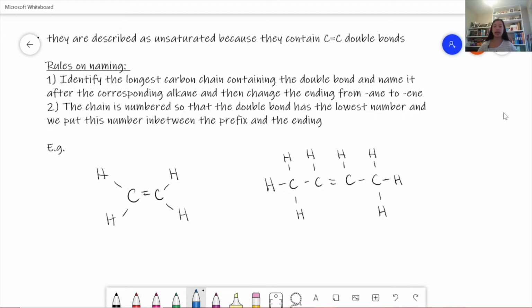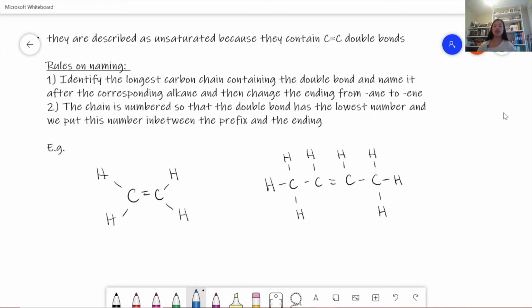So for the first example, our longest chain is this single chain of 2 carbons. And so we must have ethene, because we've got 2 carbons, so the prefix is eth, and we change ane to ene, so it would be ethene.